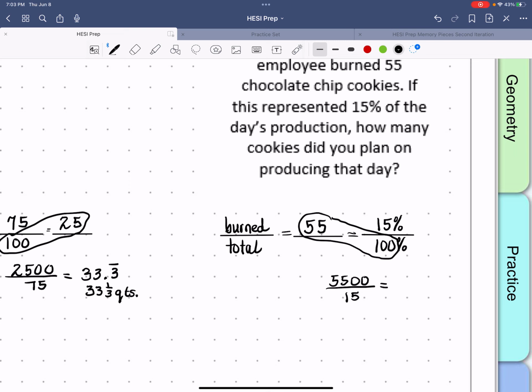I'm not going to attempt this in my head. It's been a long day. I'm not going to risk it. That's 366.6 repeating. That is about 367 cookies.